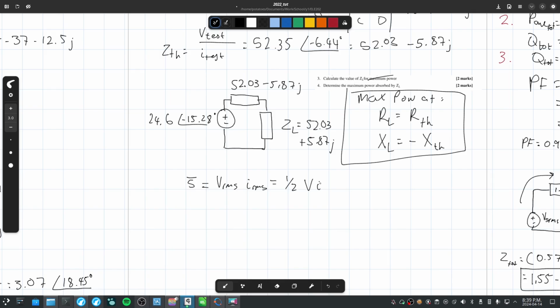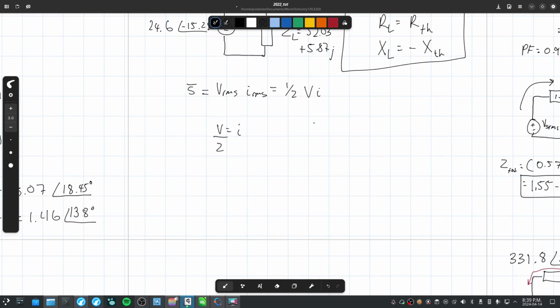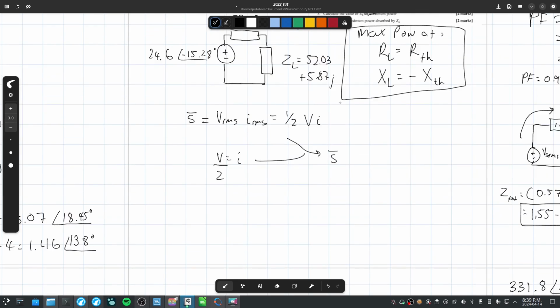So what is the current running through here? We can do that really simply. So that's V over Z is equal to I. And substituting that in, we get that the power is, oops, like that. Let me just double check, make sure I'm not finessing here.